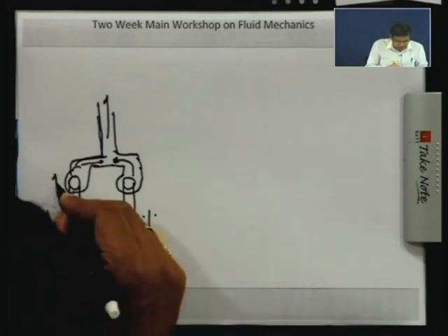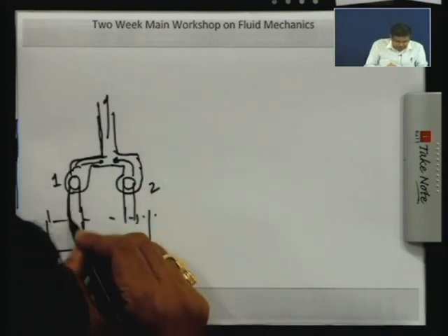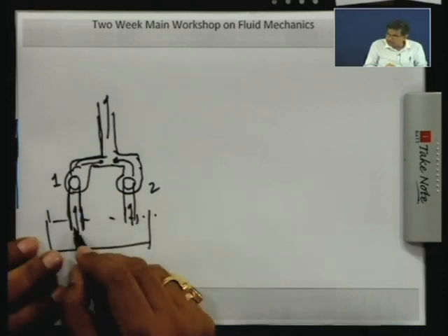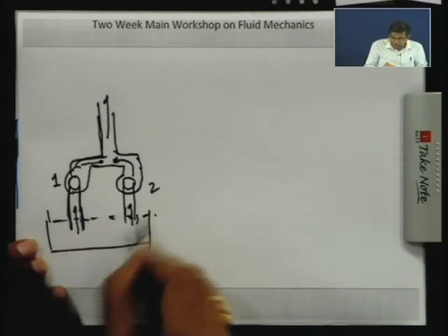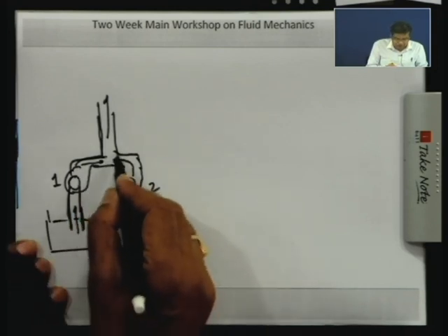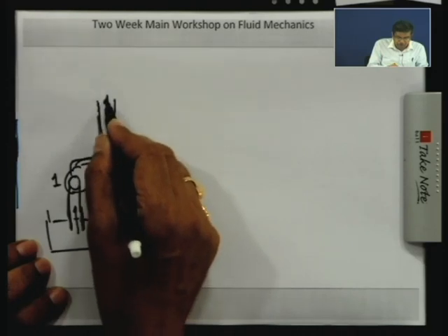That means pump 1 and pump 2 are drawing water from the sump, the inlets of both are connected to the sump, and finally the deliveries are connected to a common pipe and final delivery.